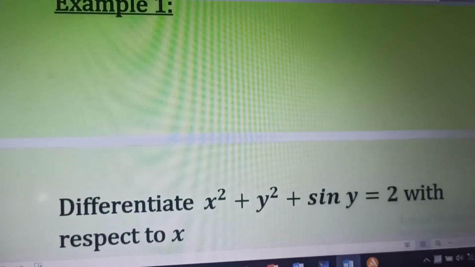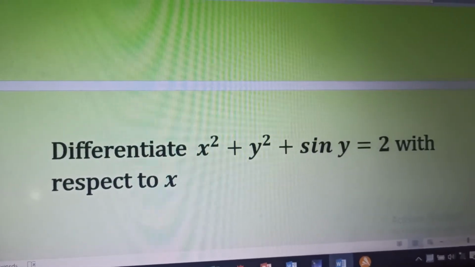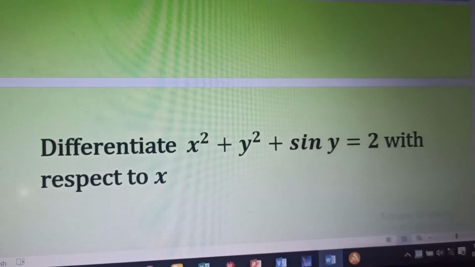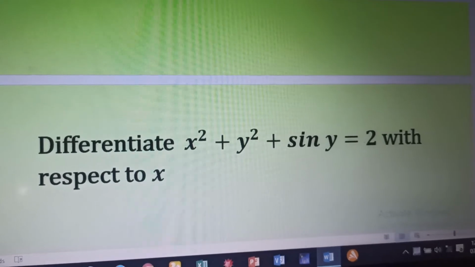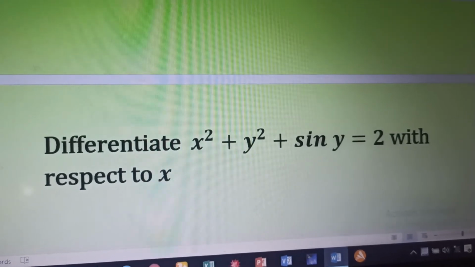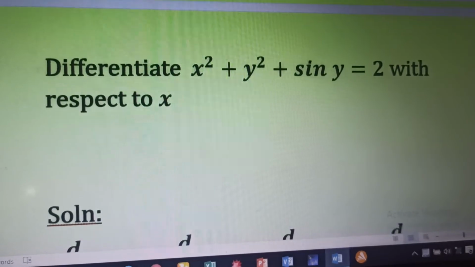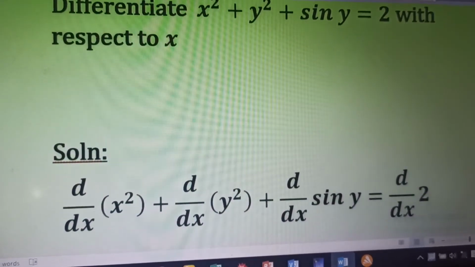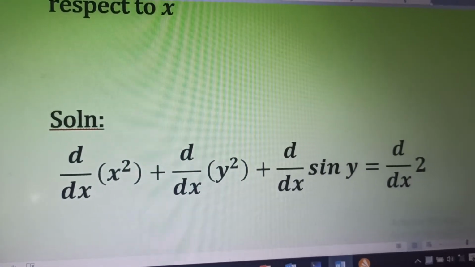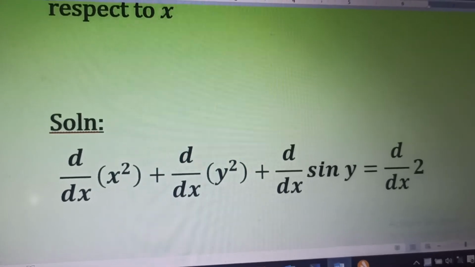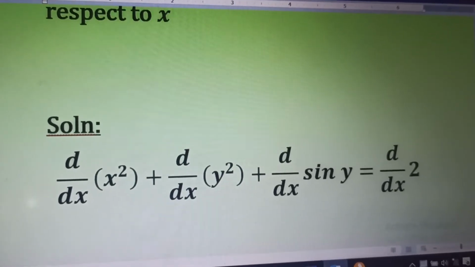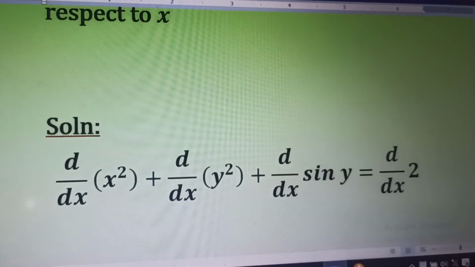Example 1, differentiate x squared plus y squared plus sine y equal to 2 with respect to x. Okay, solution. We are going to differentiate each of the terms in that function with respect to x.